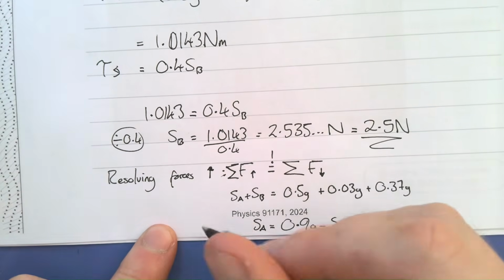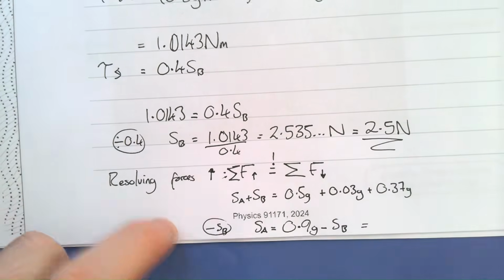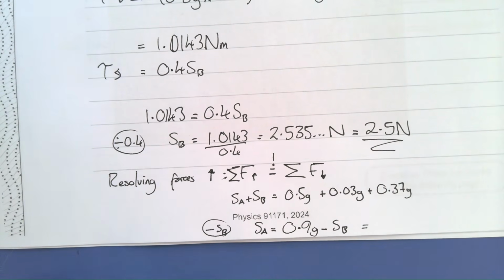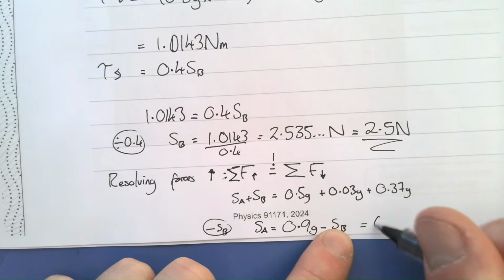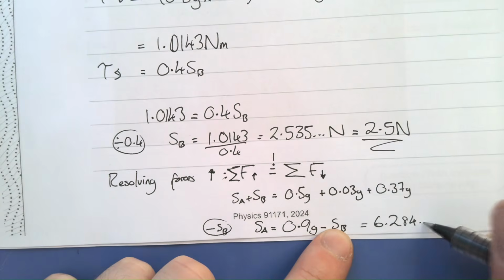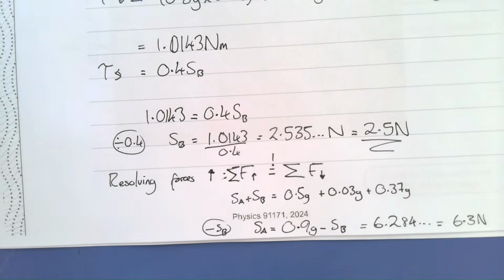We've taken away SB from both sides. And we can use our unrounded SB to find that our SA is 6.284, which is 6.3 newtons. So we have our SA and our SB.